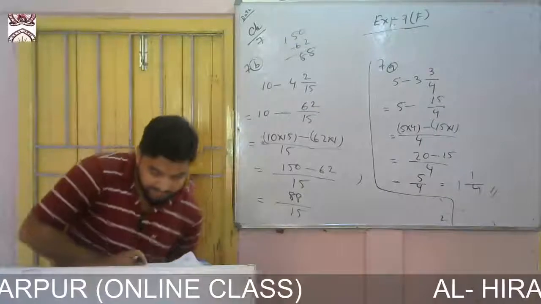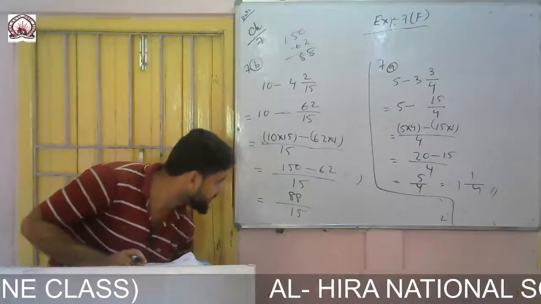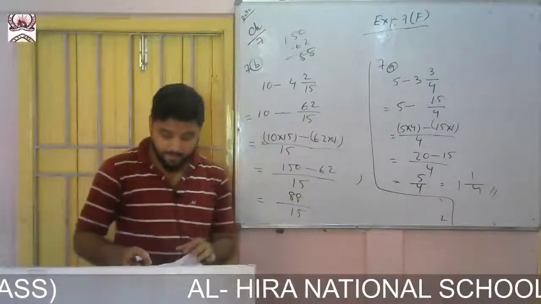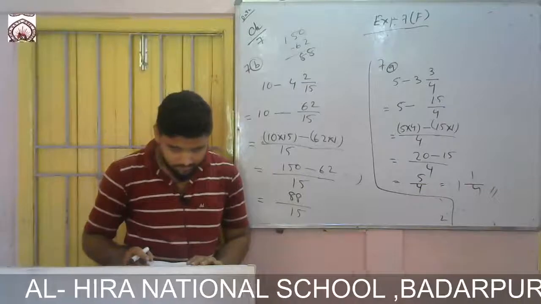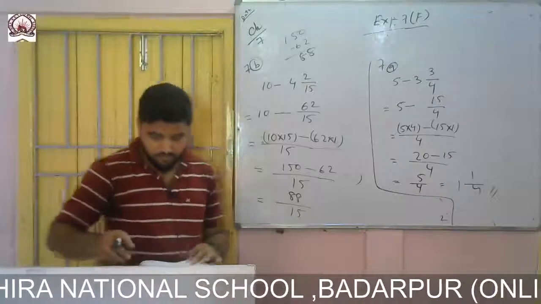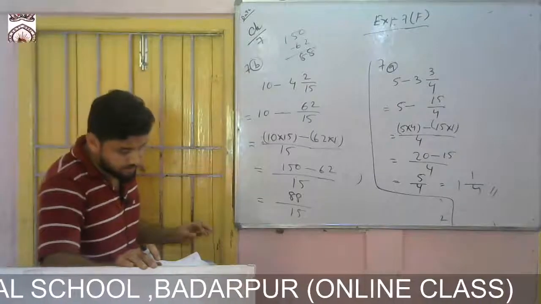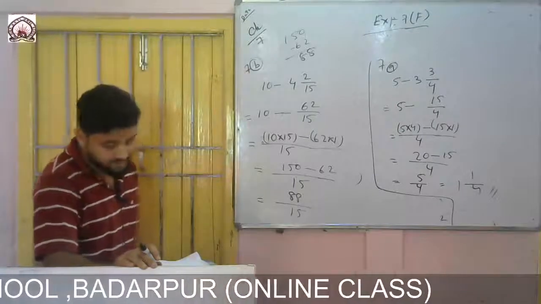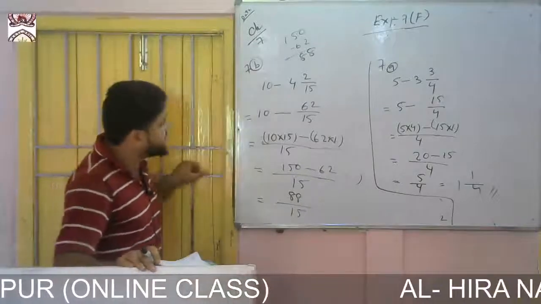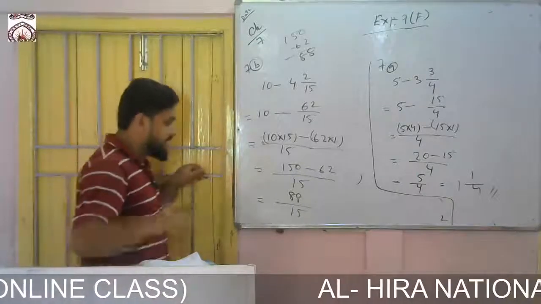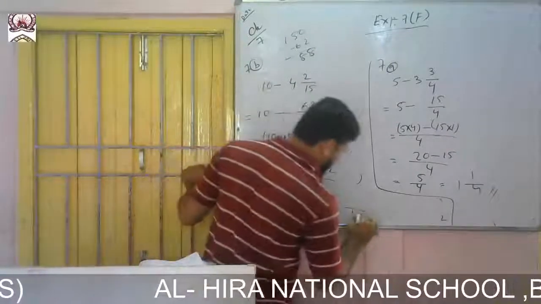This comes to 88 by 15. 7B is 10 minus 4 2 by 15, so 88 by 15. Now take this one in mixed fraction and you will get the answer.